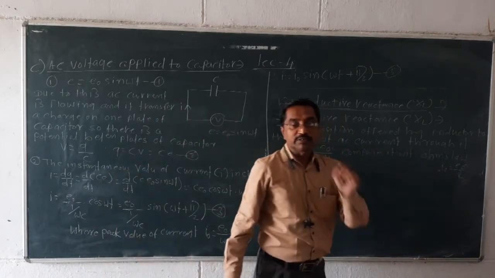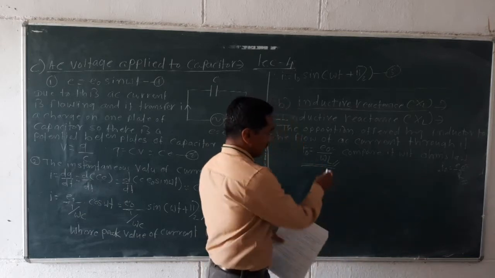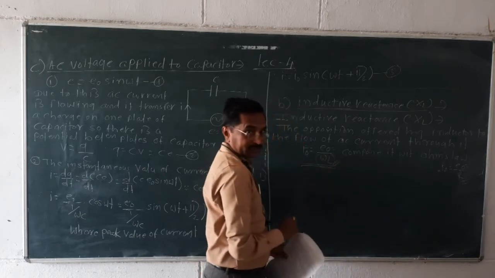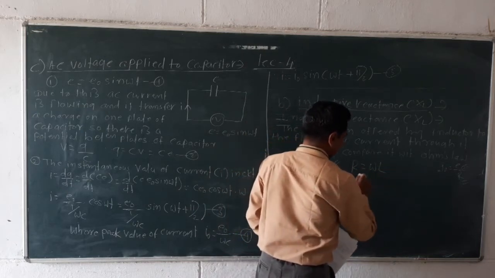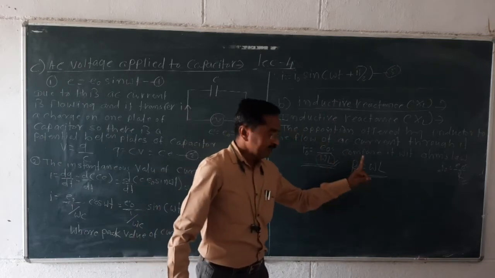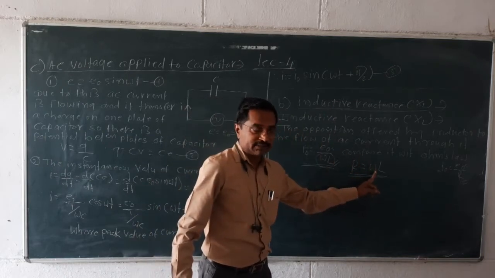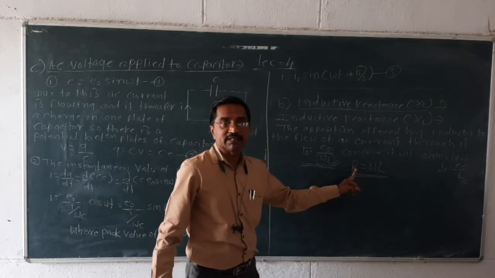That is the resistance which opposes the current. In the same way, in the AC inductive circuit, omega L is nothing but the resistance.